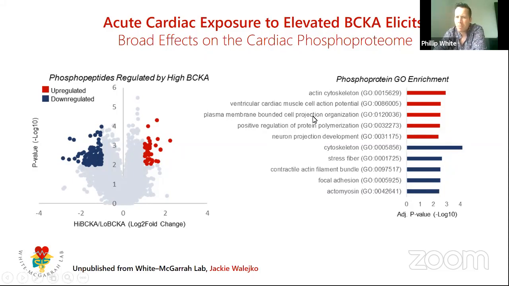And within the upregulated, there was also a cluster of phosphopeptides related to muscle cell action potential, including the ryanodine receptor and some sodium pump channels. So this may suggest that exposure to branched-chain keto acids is not just affecting protein translation, but may also be impacting action potentials within the heart and contractility.